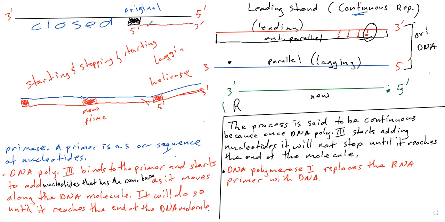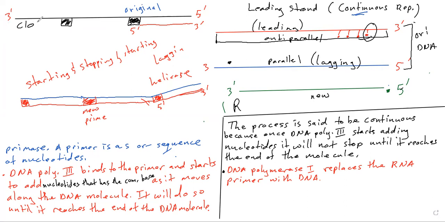Now, when the DNA polymerase 3 has completed this segment of DNA, the portion that was closed will now be opened. And so a new primer will be made, right? And let me put back closed.